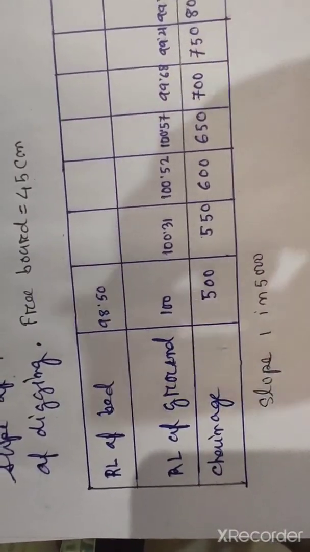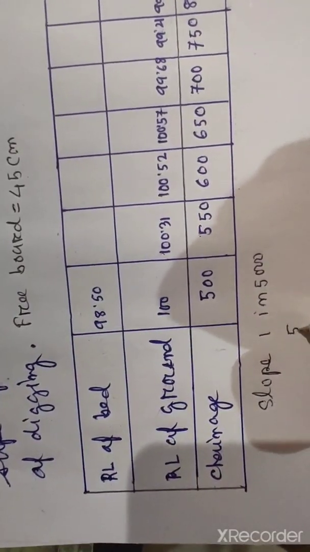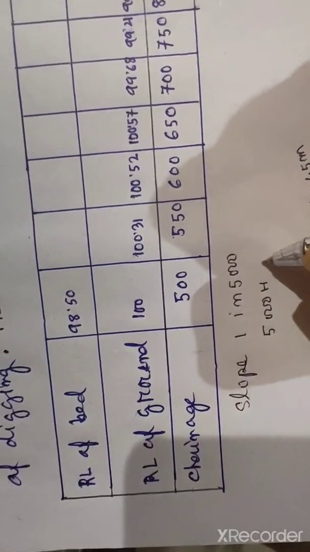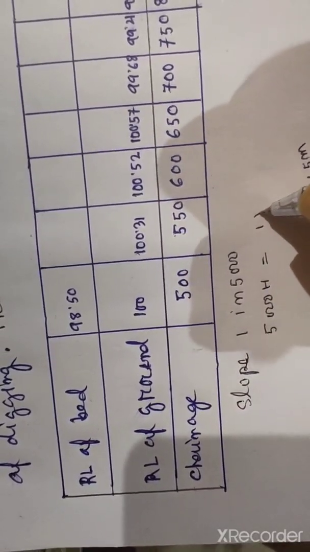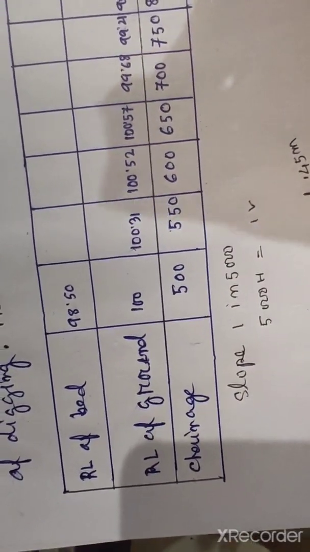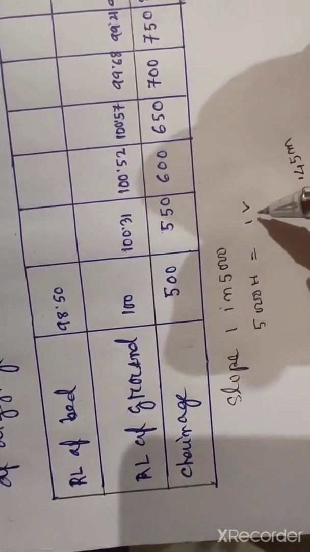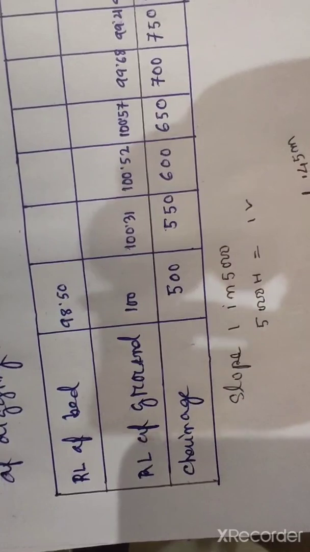So that means if we move 5000 units horizontally, we will move 1 unit vertically, and this is the downward slope. So 5000 horizontally, 1 vertically downward.